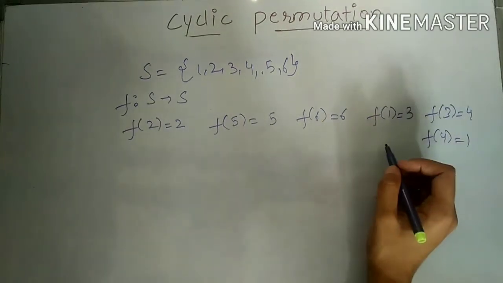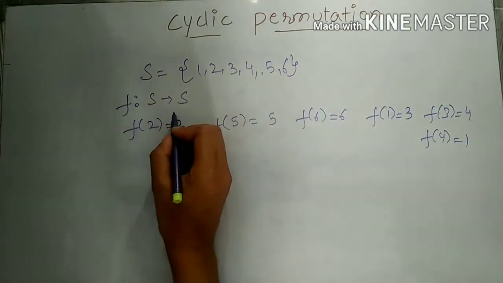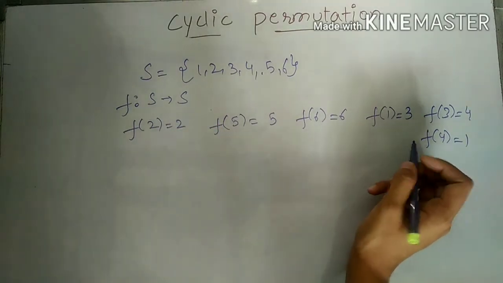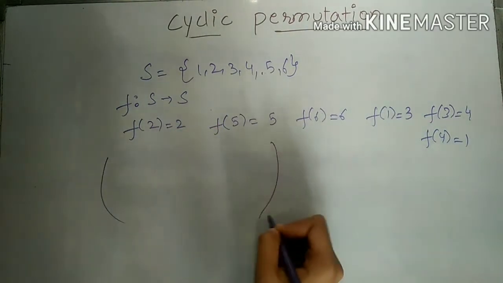You can easily check that this function f is a permutation on S, that is, f is both 1-1 and onto.